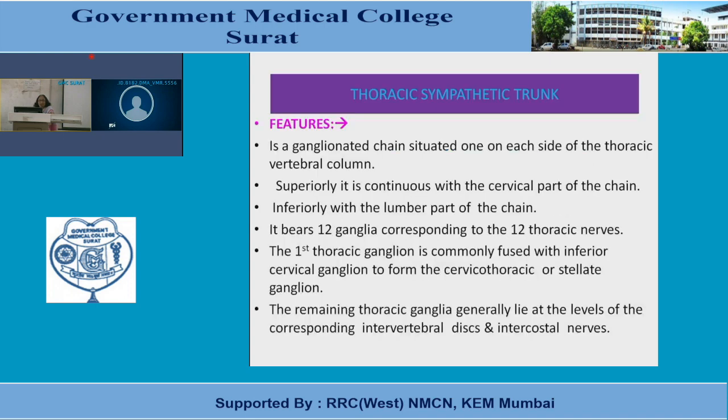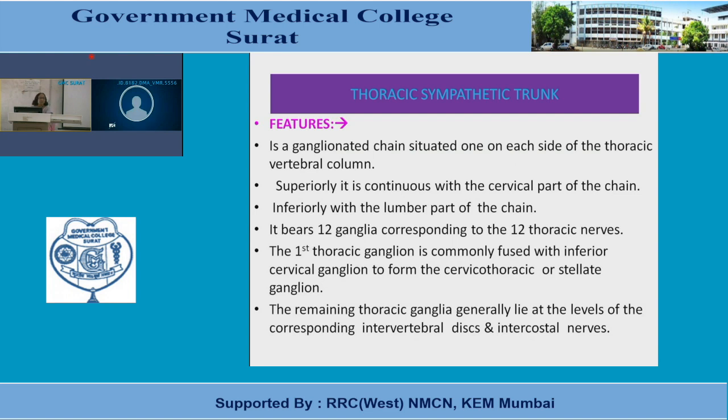Now the last topic for the thoracic wall, that is the thoracic sympathetic trunk. The sympathetic trunk, also called the sympathetic chain, runs in the paravertebral region on either side, along the vertebral column posteriorly. The vertebrae are divided into different regions from above downwards: cervical, thoracic, lumbar and sacral.